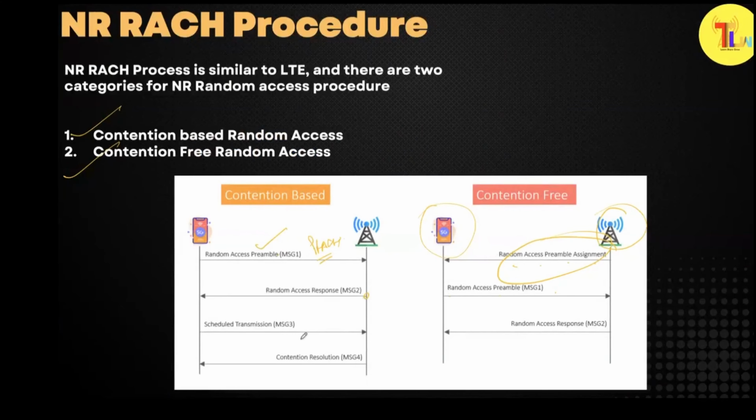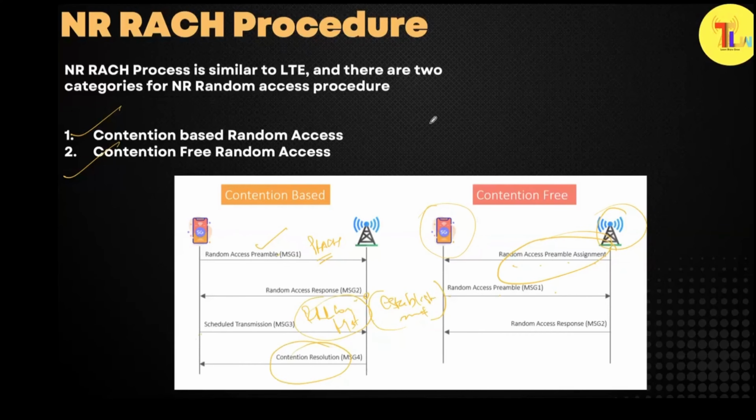I'll get a response, a random access response. Then I'll send the RRC connection request, with the establishment cause, that is my reason for the attach or for asking for resources. Then I'll get the setup messages, if there is any contention happening.